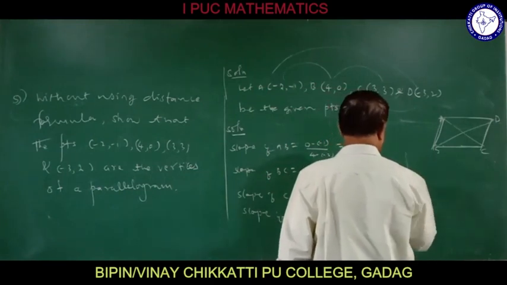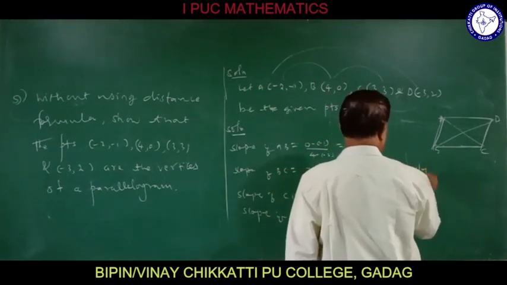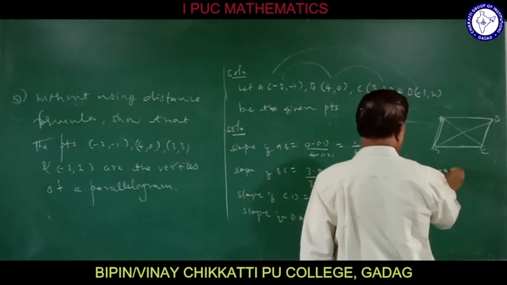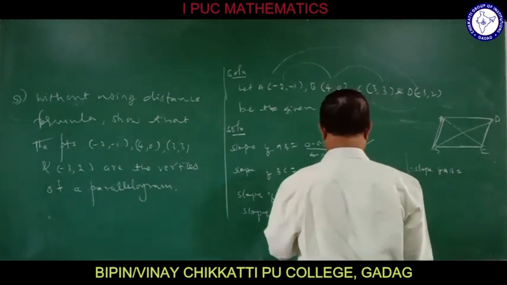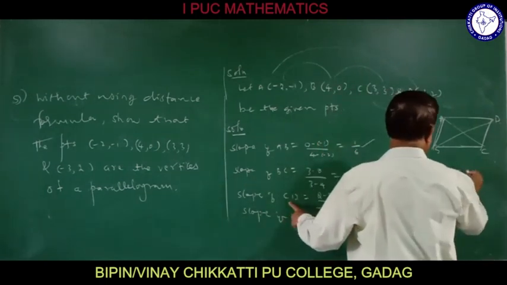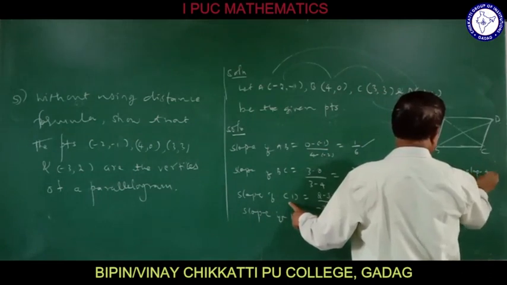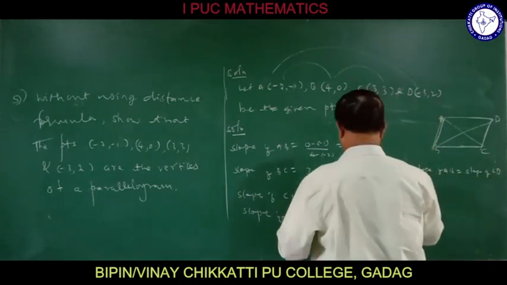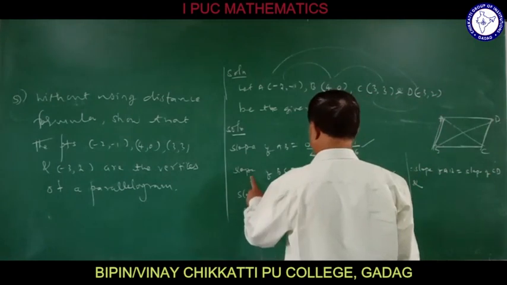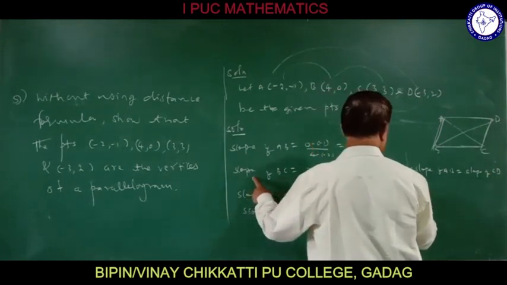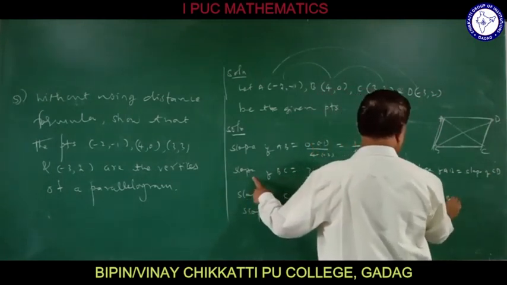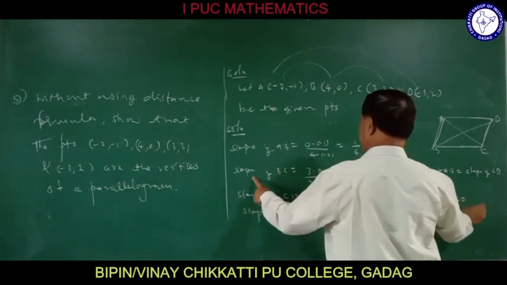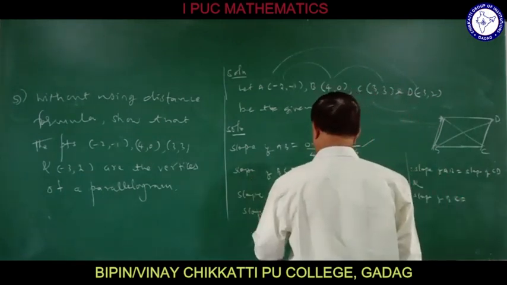It means to say, therefore, slope of AB is equal to slope of CD, and slope of BC is equal to slope of DA.